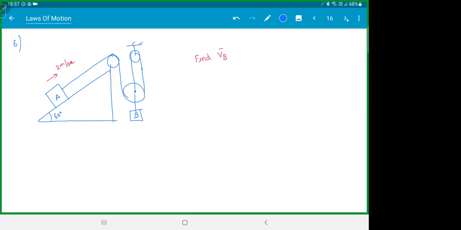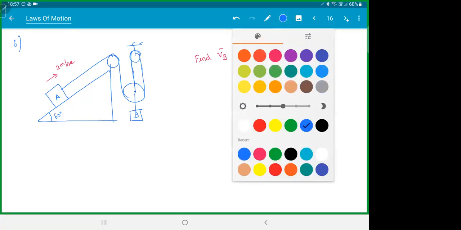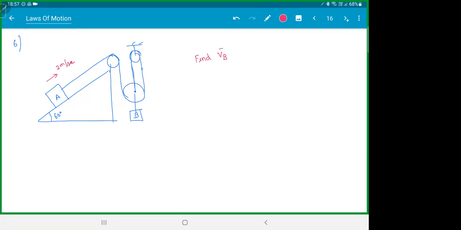That string went up and came back to the pulley again. The inclined angle is 60 degrees.